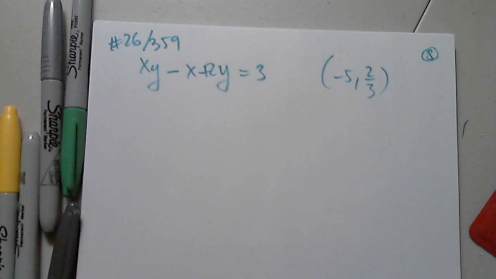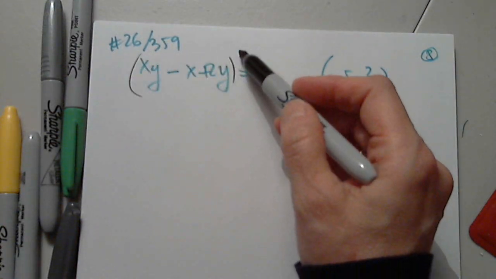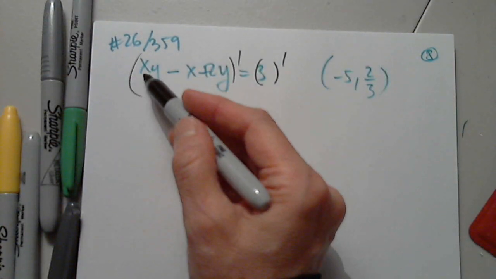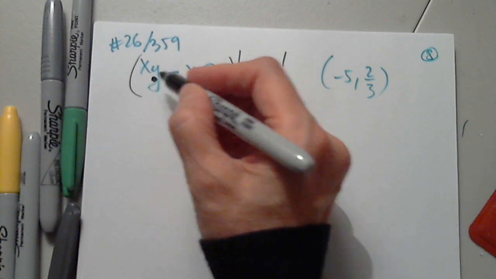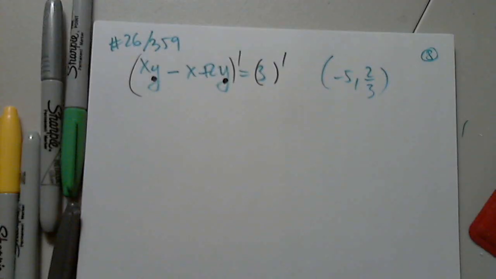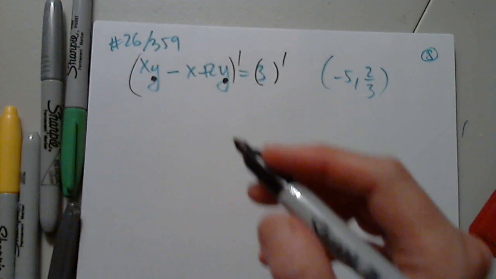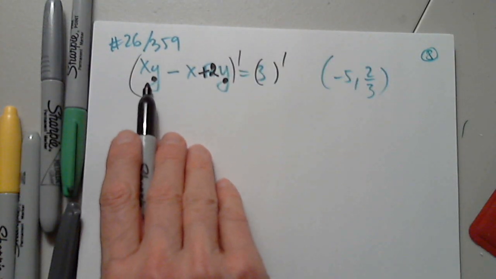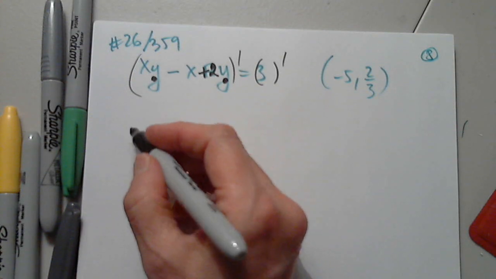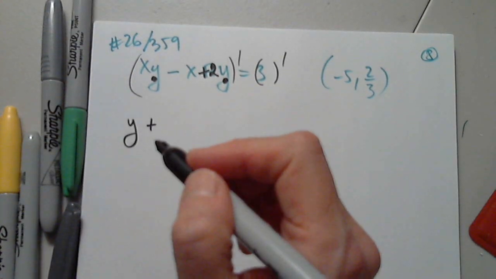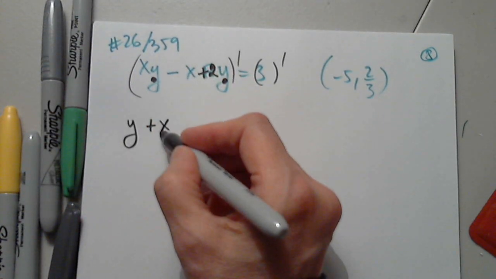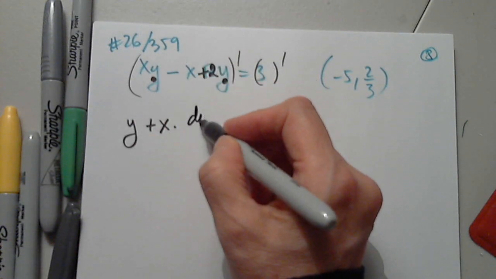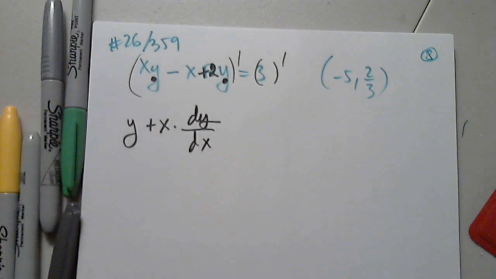Okay. So when we differentiate implicitly, if you remember from last time, y is the function of x. X is the variable. So this is plus 2y. So when I differentiate, this is a product. The first function prime is 1 times the second one, plus the first times the second one prime, which is dy over dx.